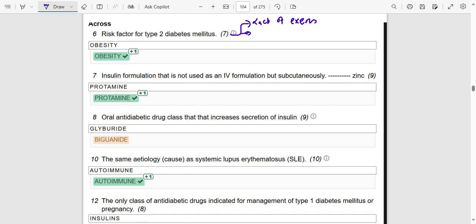Thank you so much. Another question I want to ask about metformin is, how can metformin end up causing megaloblastic anemia? Anyone that can help with that?